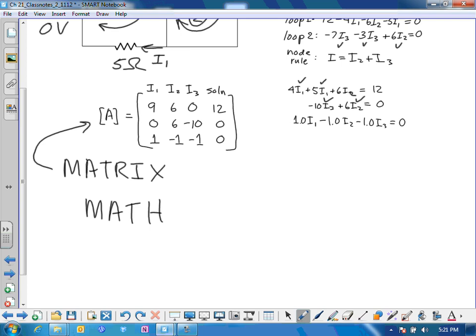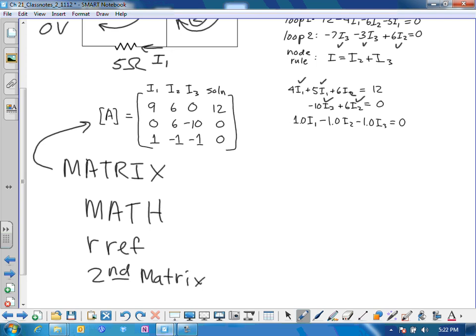And then scroll down until we get to the function rref. Okay. And then simply hit enter. Okay. Now the next thing we have to do is go second matrix.